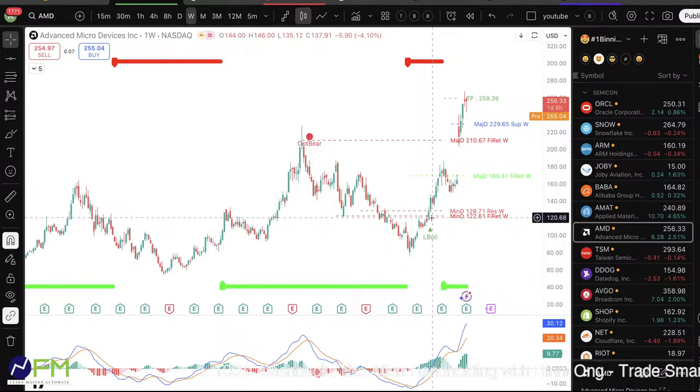It is not a large bear, it's just a small one. If the small bear comes in, as long as it doesn't break all the support levels, we are still looking at TP. We are still looking at price heading to TP. Okay, any questions?